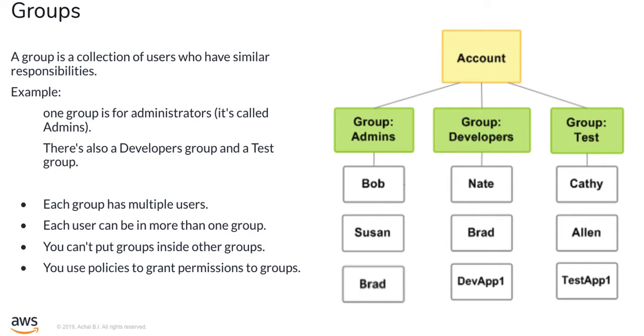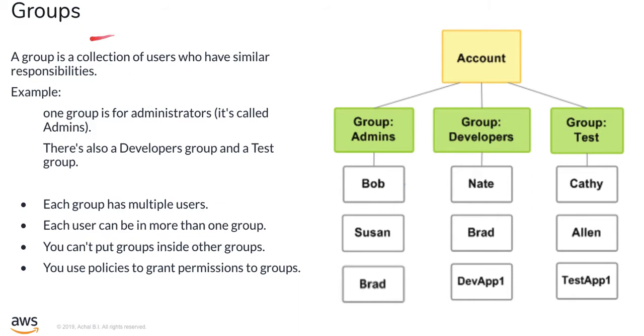So we understood what users are. There is another aggregation level where users can be grouped to do a certain similar set of actions, or by what they are responsible for. So they all fall under groups.